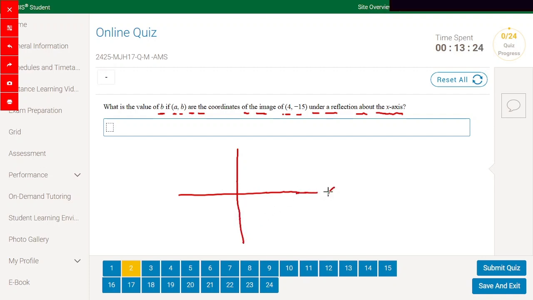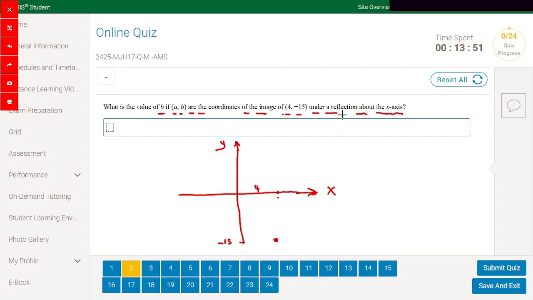This is the x-axis, and this is the y-axis. So here it's saying the point is 4, minus 15. Let's say this is minus 15, and x is 4 and y is minus 15. So let's say that the point is here.